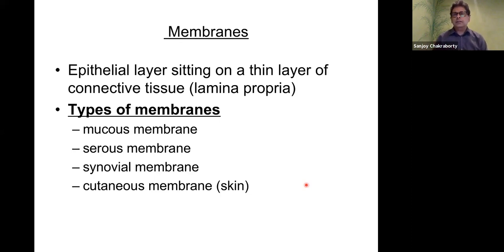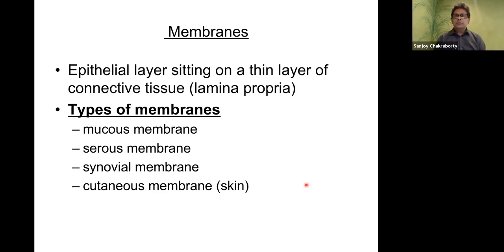We call it transudate. Synovial membrane, we are going to study the details of this membrane in joints or articulations, when you study bones, where bone and bone join together, in some cases through a synovial cavity. For example, your knee joint or your shoulder joint, those that offer free movement.